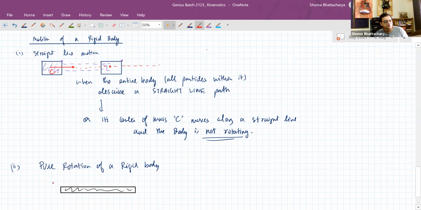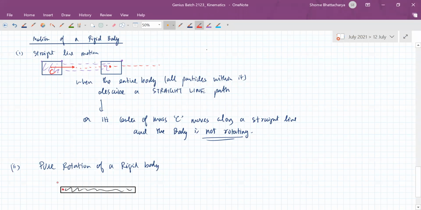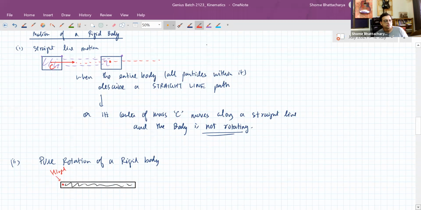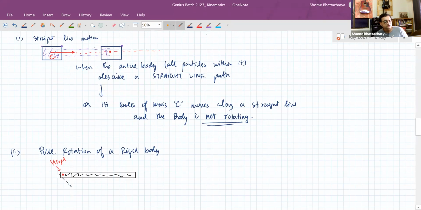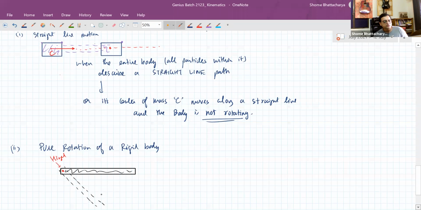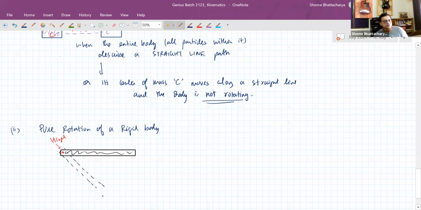And then what we've done is we have hinged it over here. We put a pin about which it is hinged. And now this whole thing is rotating about it. So it's going from here. Next, after some time, its position is like this. So now you can see there's a huge difference from what we've discussed earlier. In this case, for example, the center is describing a circular path as it is rotating.